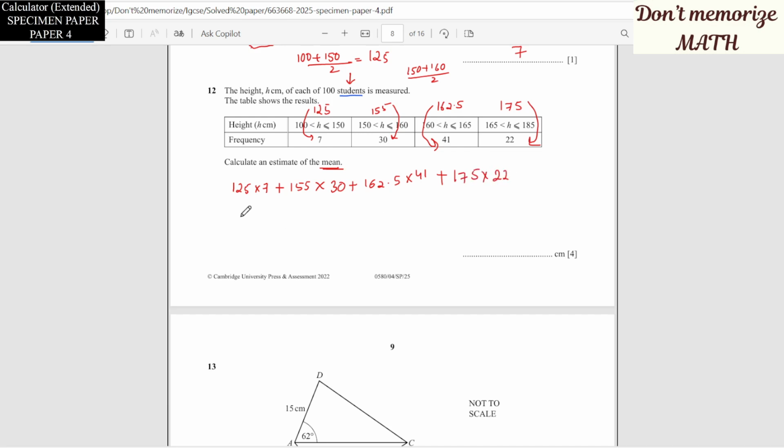This is the numerator, whole divided by the total frequency. You can take the total frequency like this, 7 plus 30 plus 41 plus 22.